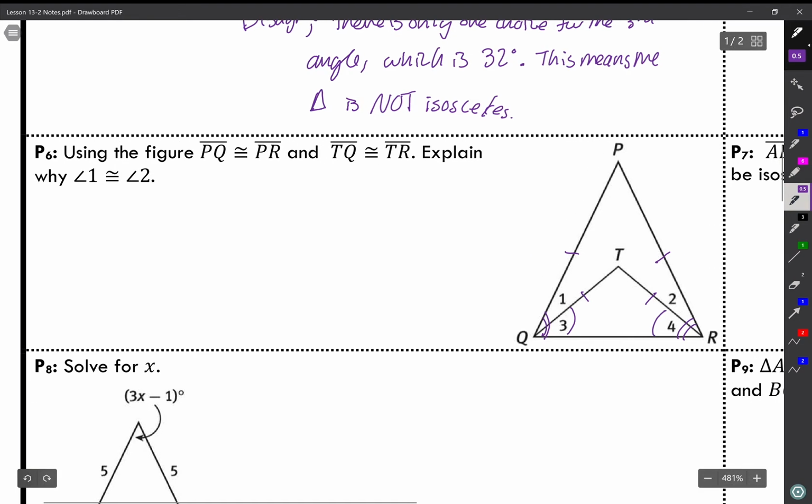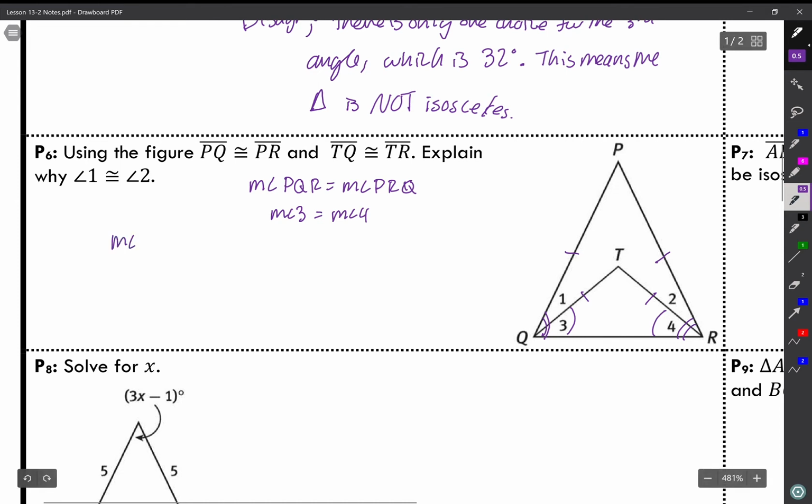Okay, so let's say this. The measure of angle PQR is equal to the measure of angle PRQ. And we also know that the measure of angle 3 equals the measure of angle 4. We also know that PQR is angle 1 plus angle 3, right?